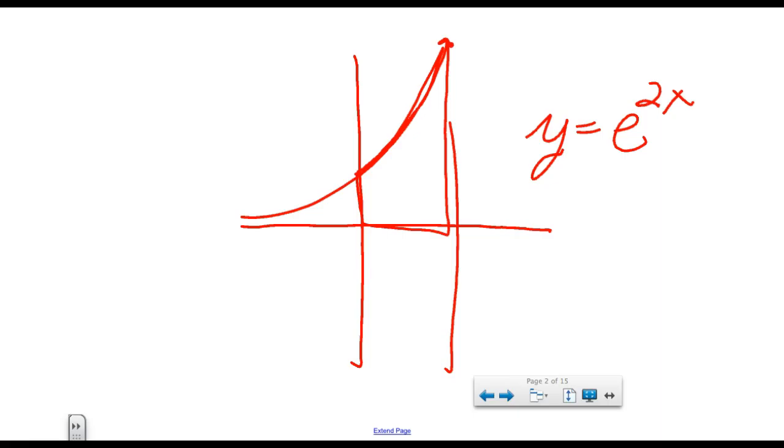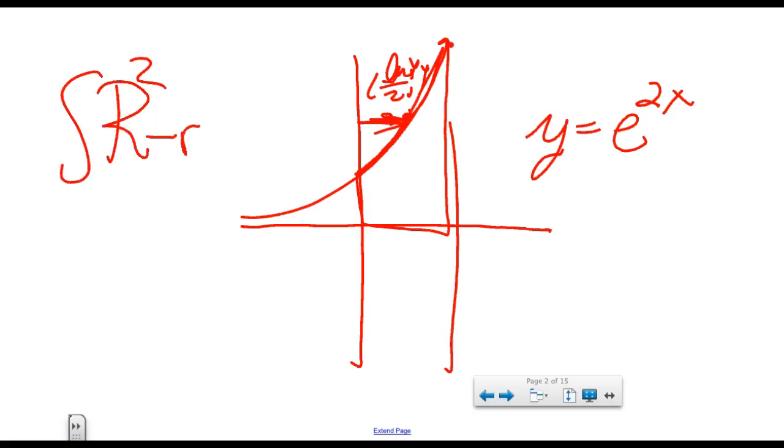Divided by what? 2. That's what you would use. So ln y over 2 comma y, your inside radius would be there. And don't forget you do capital R squared minus little r squared, dx or dy. What goes out front of it? Pi.